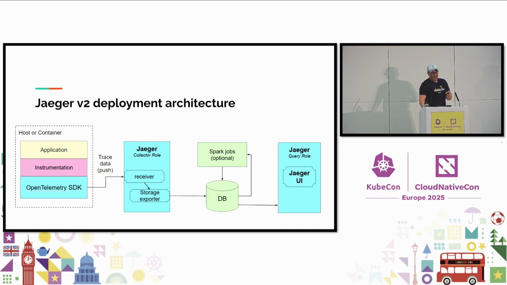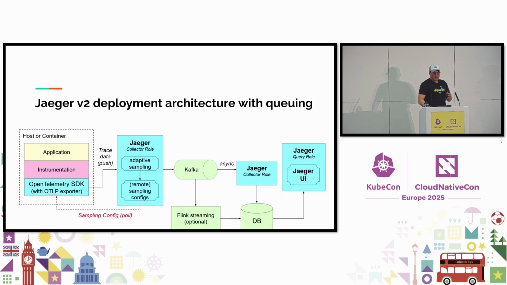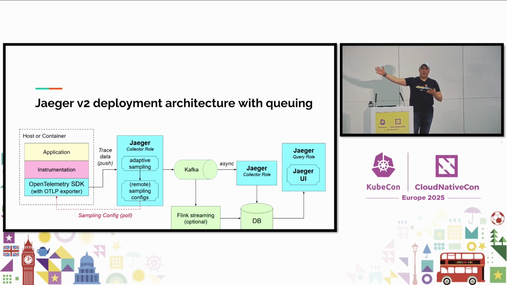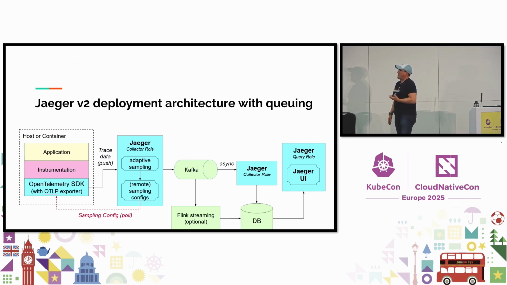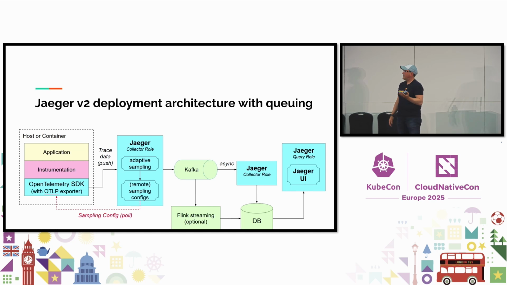As you scale out and start to get things more complicated, you may have to introduce Kafka to deal with buffering. If you have a huge spike in your application or a lot of traces get generated at once, this will help queue the data, slowly write it to that back end and not overwhelm it.